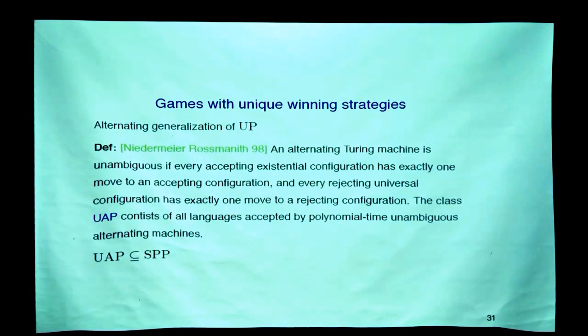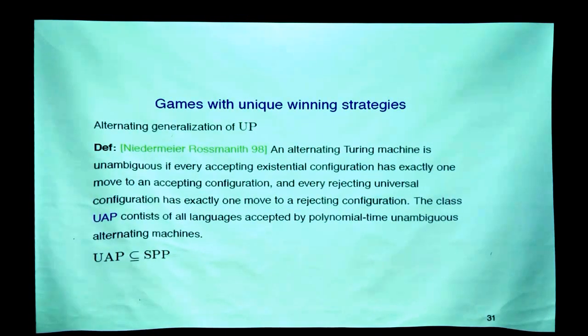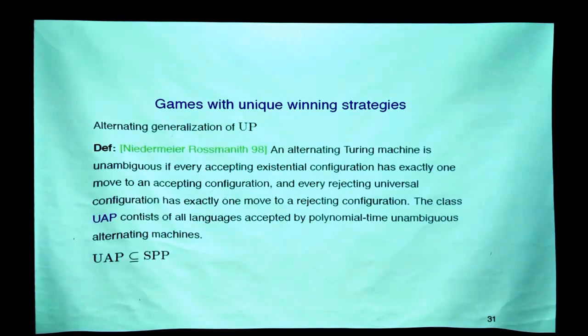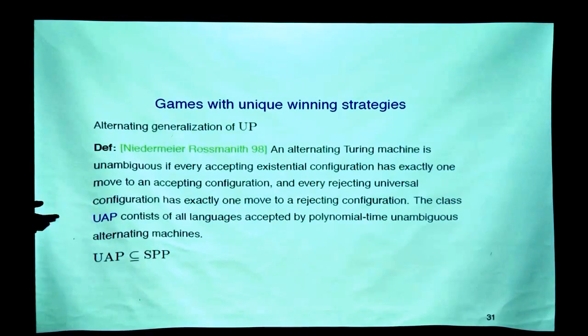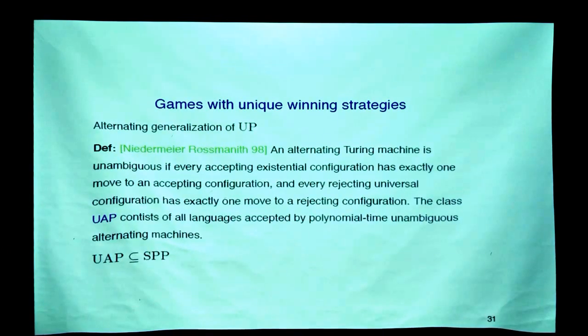If he makes the wrong move, then the second player has a winning strategy, and this winning strategy is also unique. So whatever the second player makes, there's a unique move for the first player, so it's always unique. And moreover, if the first player makes a wrong move, there's a unique move for the second player. So it's like a hierarchy of unique things.